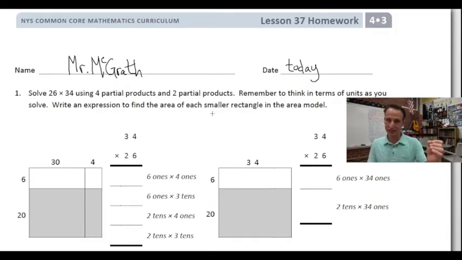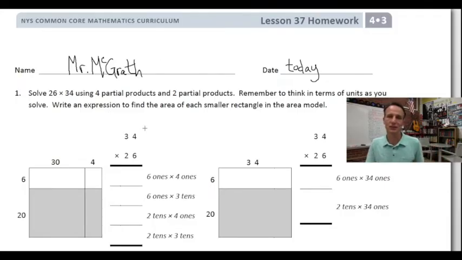So yesterday's with the partial products, today with 2 partial products, and then the Lesson 38 homework coming up where you actually dive into the standard algorithm. That's about all you get in really learning this.